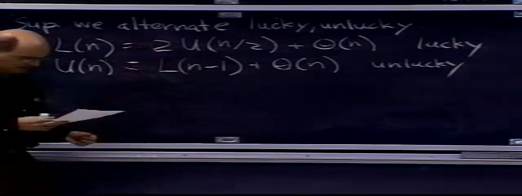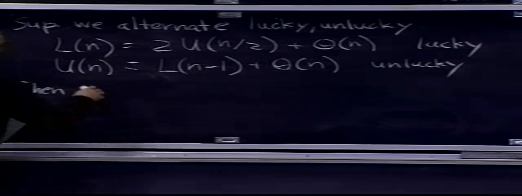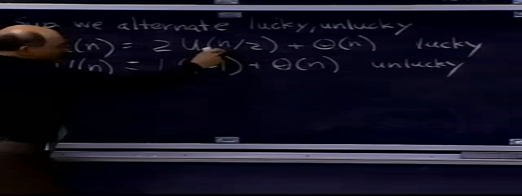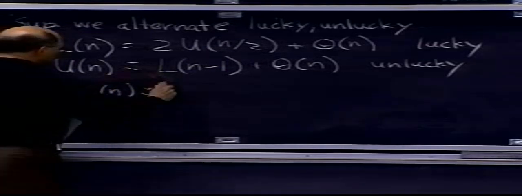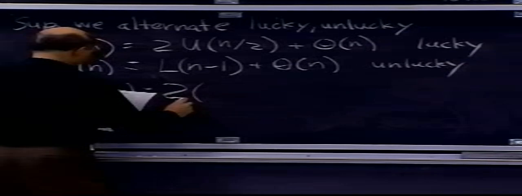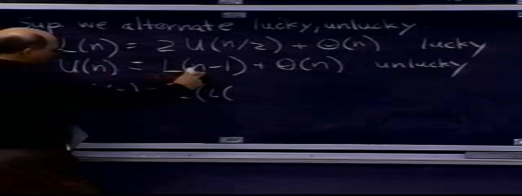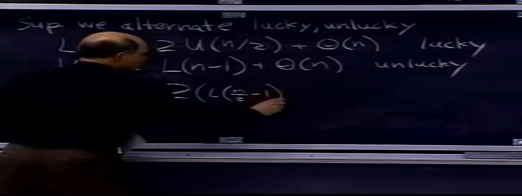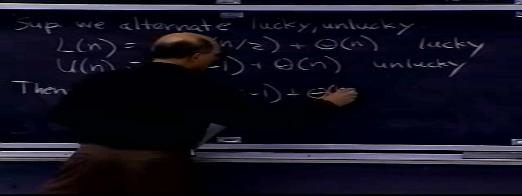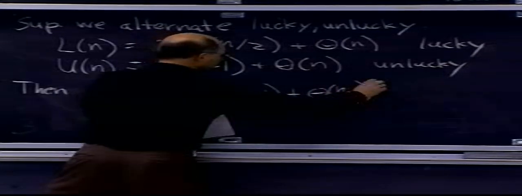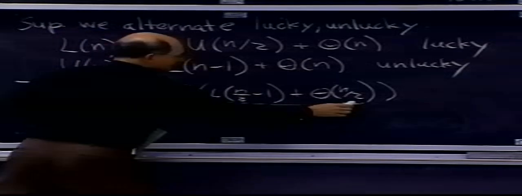So who wins out here? We can solve this by just substituting the U of n in here. So L of n is equal to 2, and now we do our substitution, which is L of, and now I put n over 2 in here, so I have n over 2 minus 1, plus theta of n over 2. So that's this thing just substituted.